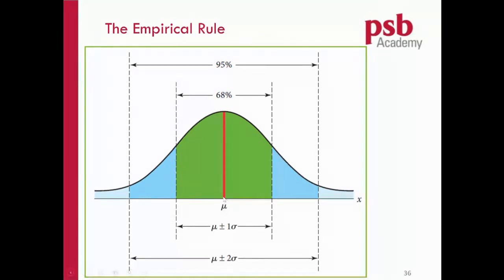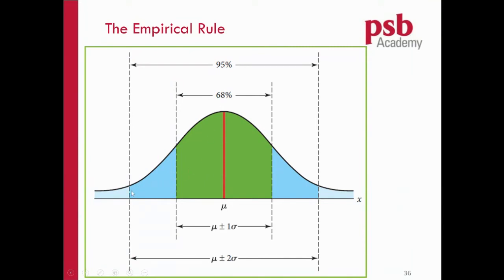Then you find out the area from the first section here up to the first section here. Okay, so from here up to here. What's the area here? The whole area below this curve is 100%. Okay, the whole thing is 100%. How much is this area? According to this rule, it says 68%.